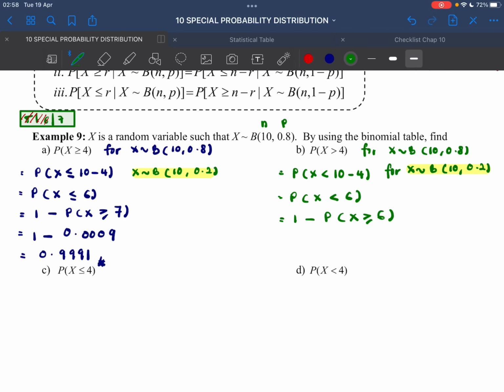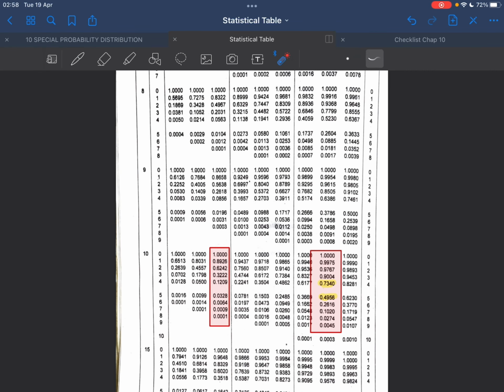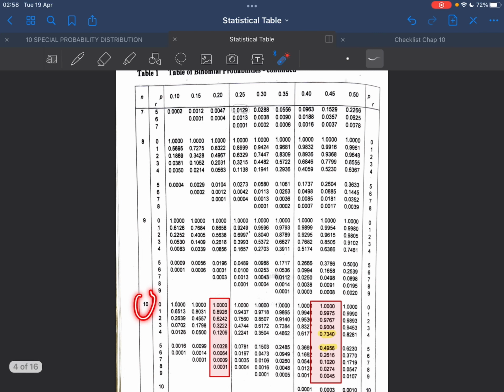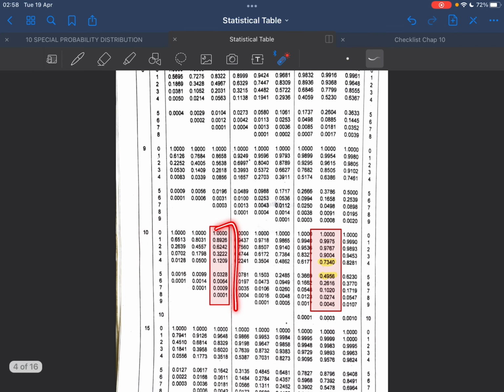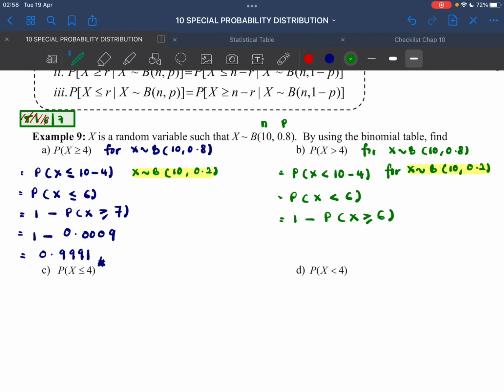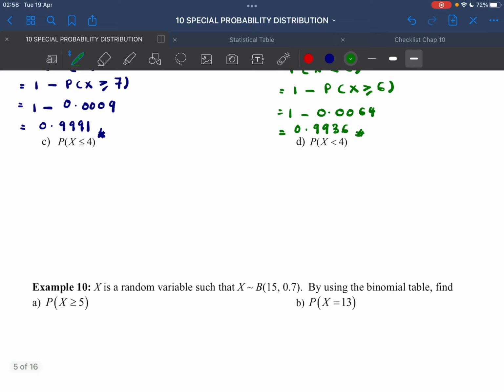Go to your table, we have n = 10, probability 0.2, and 6, so here 0.0064. So we have 1 minus 0.0064, which gives the final answer 0.9936.